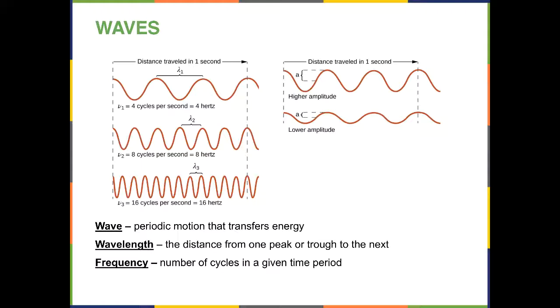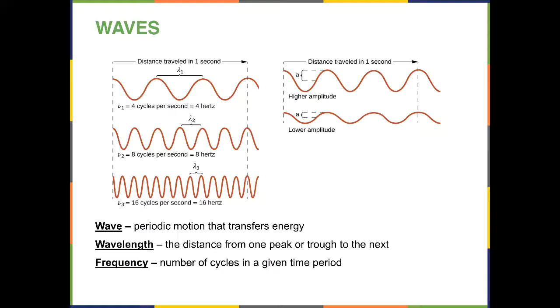The frequency is the number of cycles in a given period of time. For example, how many times a wave goes through a complete cycle in a second or a minute or an hour, etc. Looking at the left side, the distance between the two dotted lines represents 1 second.